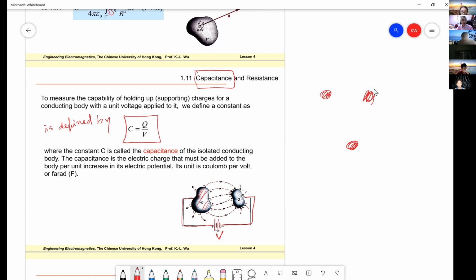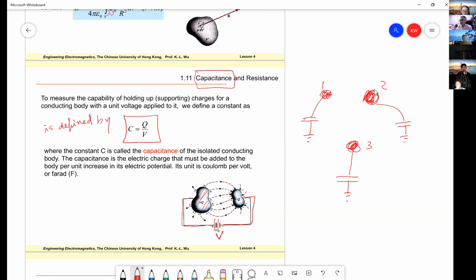For such a system, I have three conductors, 1, 2, 3. Each conductor has a capacitance to ground, that means at infinity.